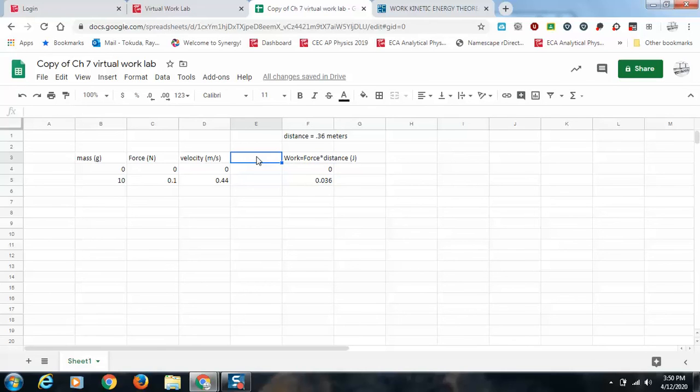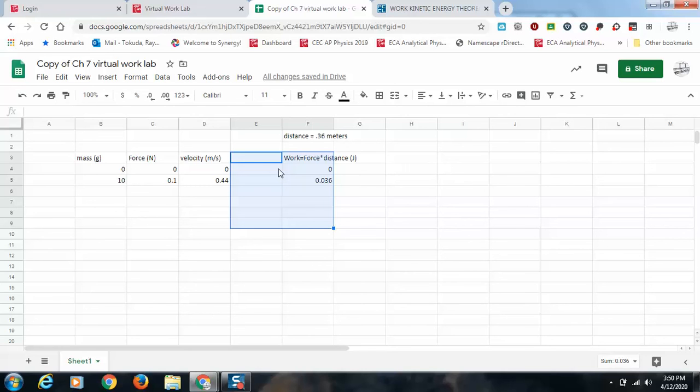If it's square root of velocity, you would make a new column here, square root of velocity, and then make this graph with this as the x-axis and this as the y-axis. So this data set is all set up, so you can do graphical analysis just as it is.